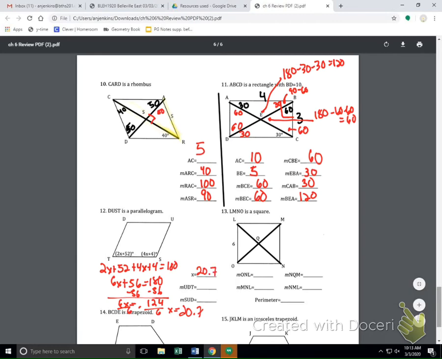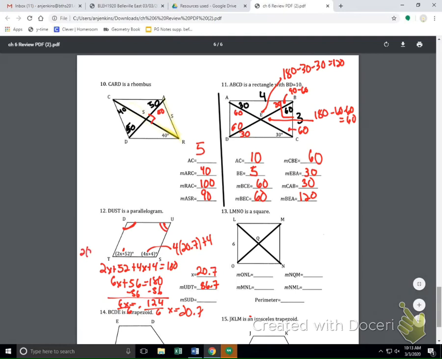And then to find UDT. That's this angle here. You know opposite angles are congruent, so we're going to substitute in here. 4 times 20.7 plus 4. 86.7. Okay, and then here we're going to substitute in to find SUD. That's this angle right here. So it's going to be congruent to the angle opposite of it.